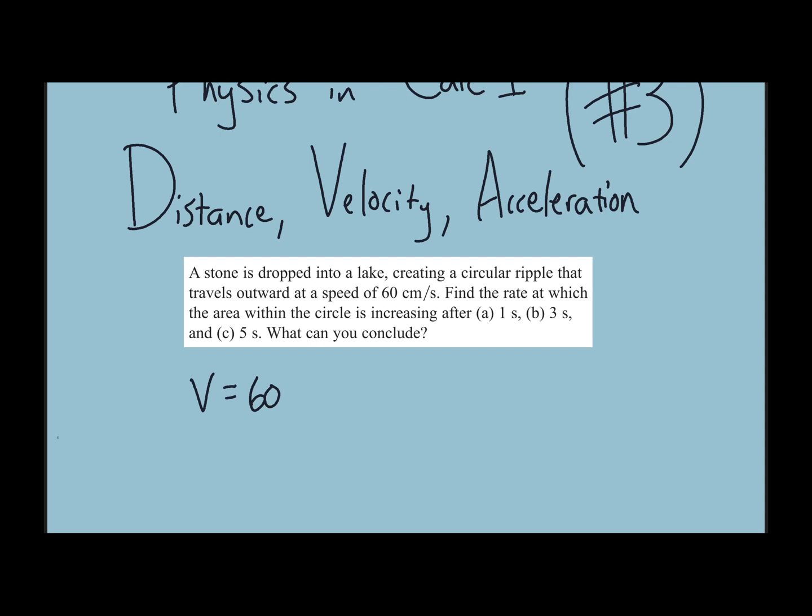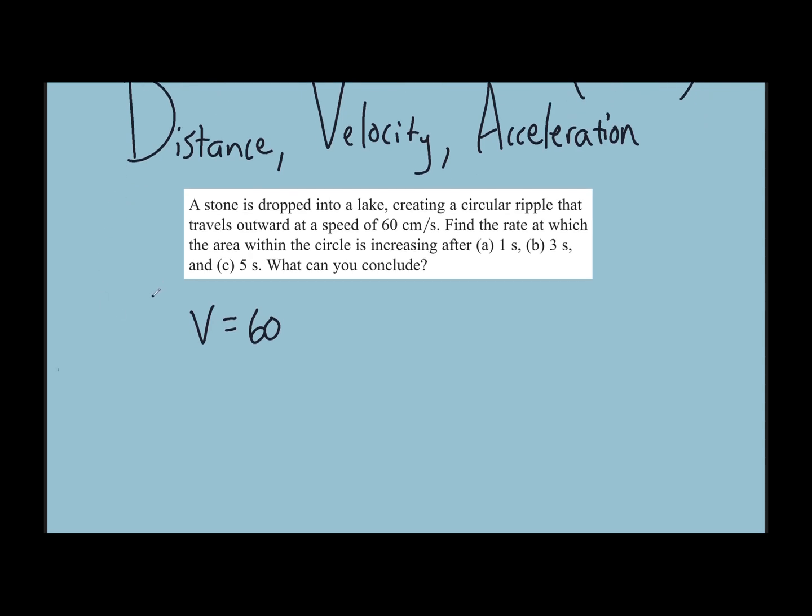And what does that mean? Well, they are asking us about areas and the rate of that area change. That's not a velocity. Area is something more like in the distance category, isn't it? Because it's traveling a distance. They want to find out the rate at which it's increasing. So we're going to rewrite velocity.